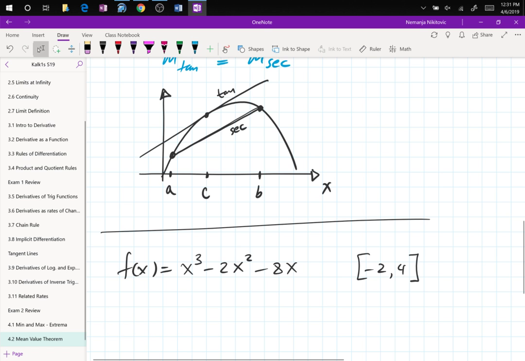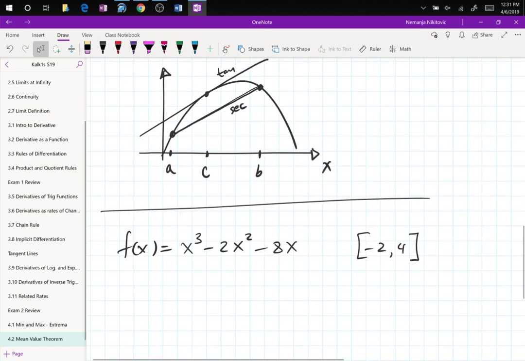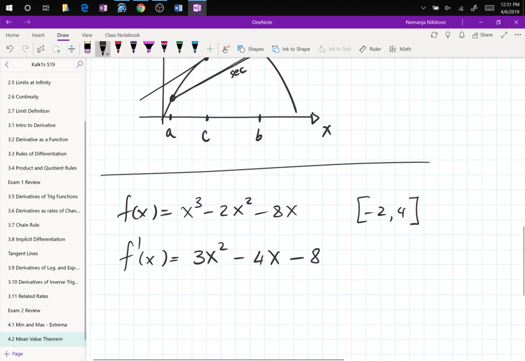All right? So what I need is the derivative, f prime of x, which is simply 3x squared minus 4x minus 8. And now f prime of c is equal to f of b minus f of a over b minus a.